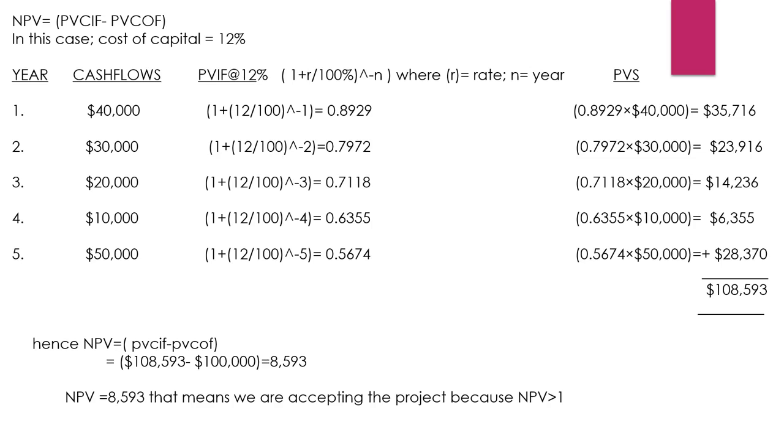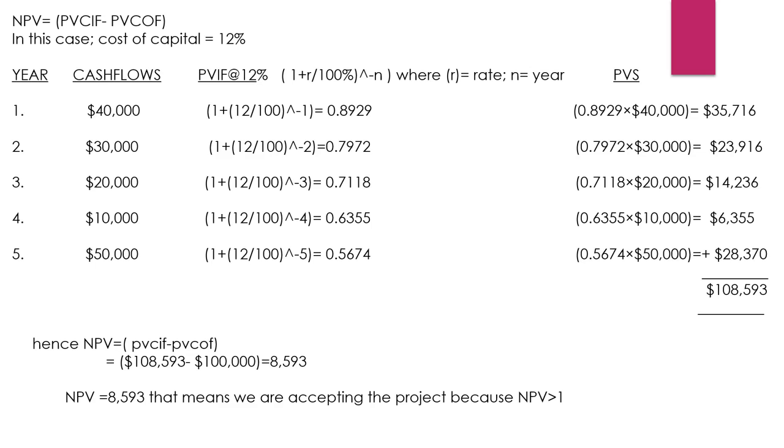In this case, our total present value of cash inflow was $108,593. Our present value of cash outflow, which is our investment capital or starting capital, was $100,000. So after subtracting, you get 8,593.